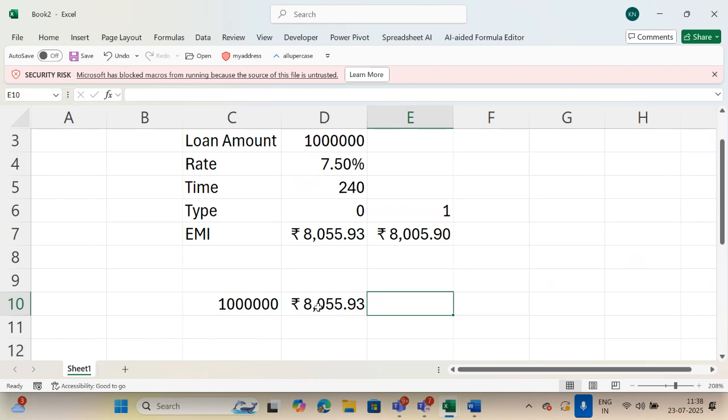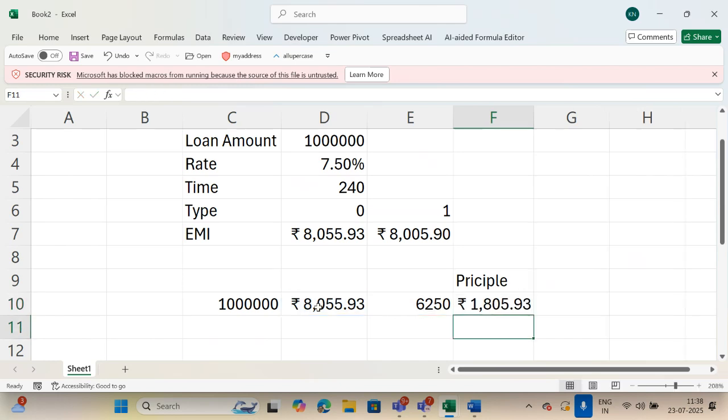So how do we calculate the interest? It is this multiplied by the interest rate, which is the monthly interest. This is your interest. Now how can you calculate the principal amount? It is equal to this minus this.